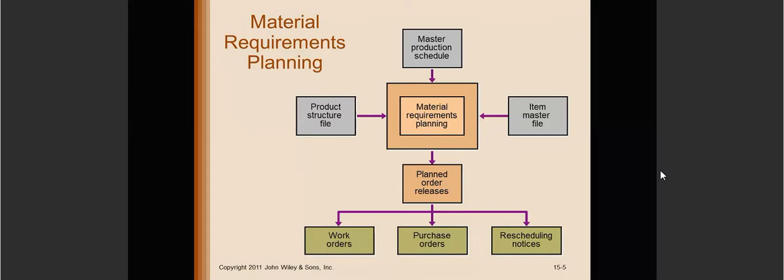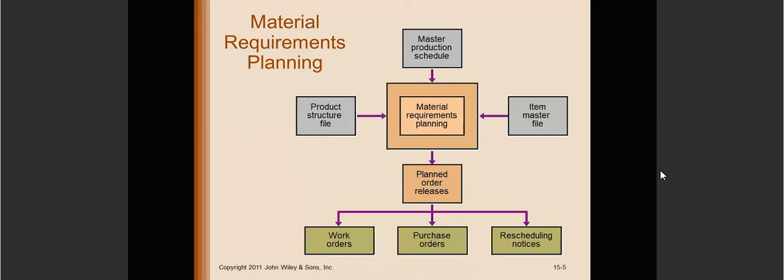The product structure file provides information about the relation between an item and the components of sub-assemblies as a complete finished good, finished product. The master production schedule provides information about the required production rate for each specific model or product in the organization.